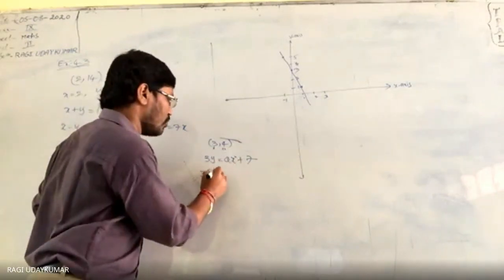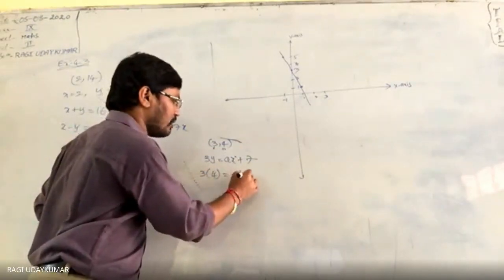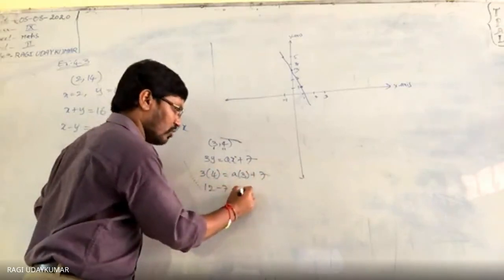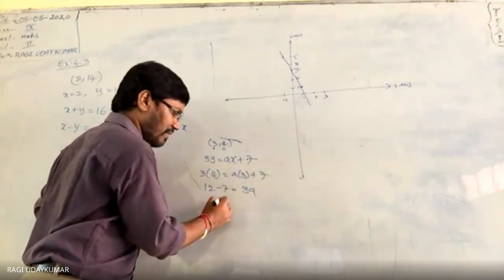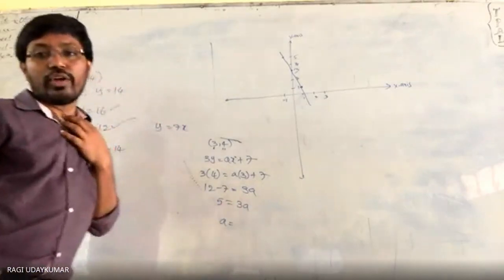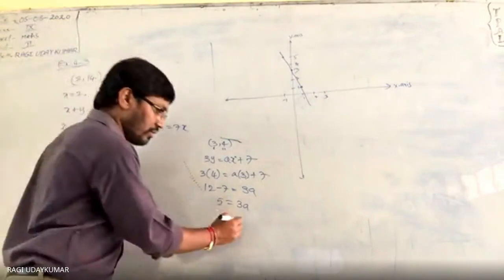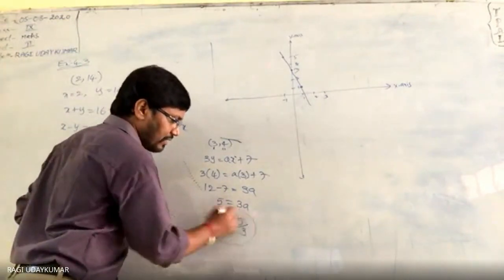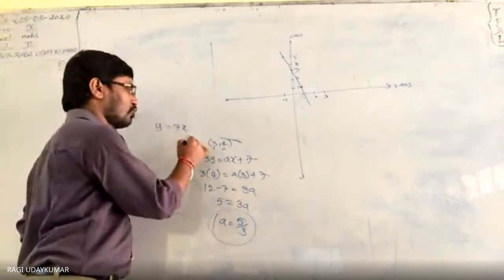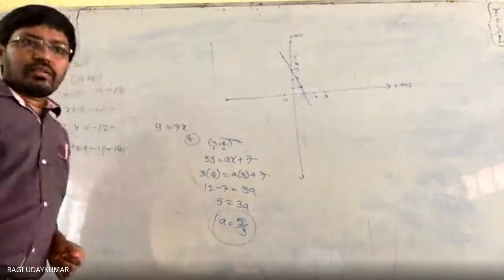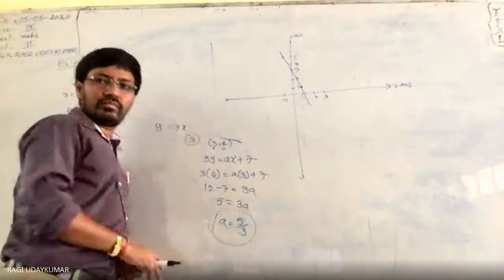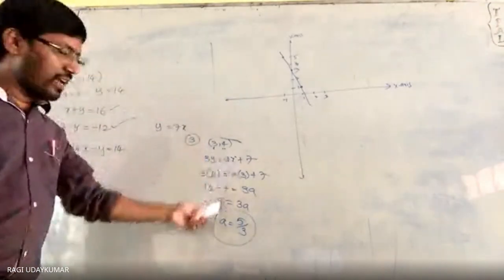Substitute करो: 3 into 4, that is 12, equals a into 3 plus 7. 12 में से 7 इधर ले आए, 5 आ जाएगा, 3a. a is equal to what do you get? 5 by 3. a equal to 5 by 3. This is the fourth problem. Sorry, third. समझ में आया ये?